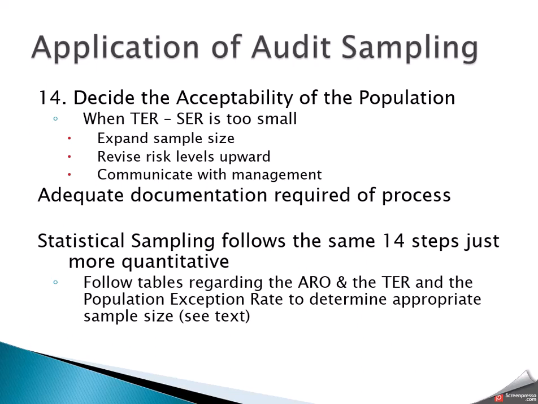Oh, here. Then Table 15.8 is where it's actual tables where you can identify how big to make the sample. There are different tables, and it's based on your population exception rate compared to that tolerable exception rate, and then you can take those and trace them through these tables to figure out how large to make the sample.